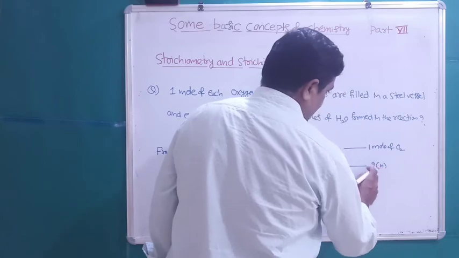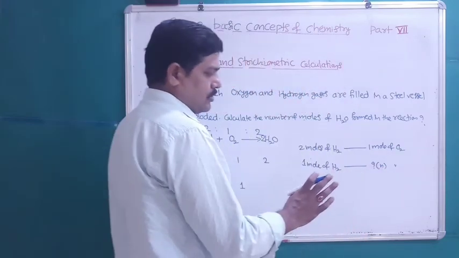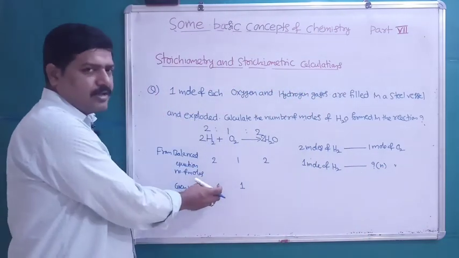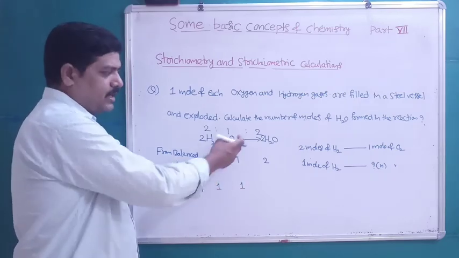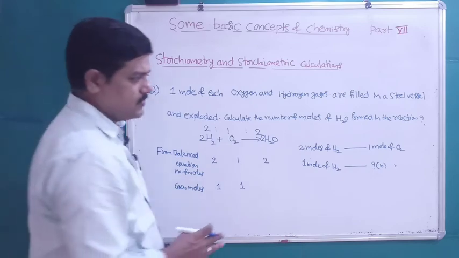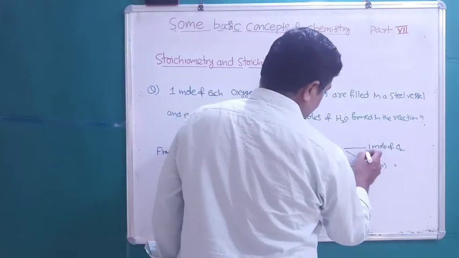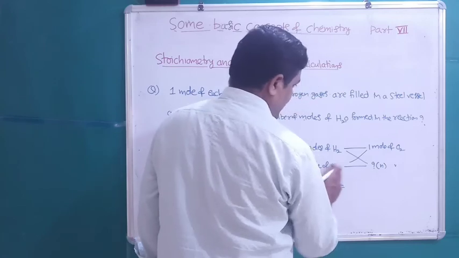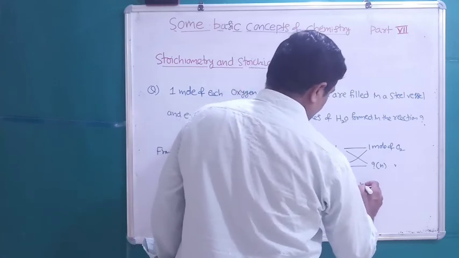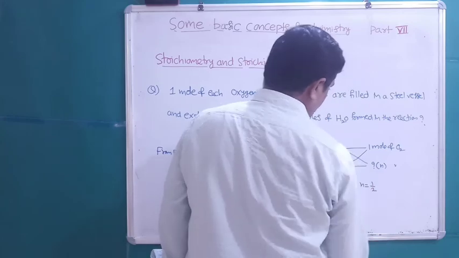Let us assume it as N. Given value is 1 mole. So let us calculate for 1 mole of H2 how many moles of O2 are required, right? So do the cross multiplication. 2 into N is 2N, equal to 1 into 1 is 1. So N is equal to 1 by 2, right?